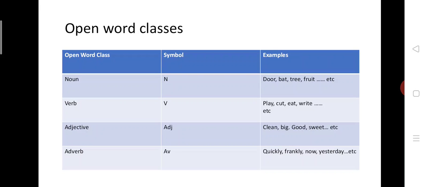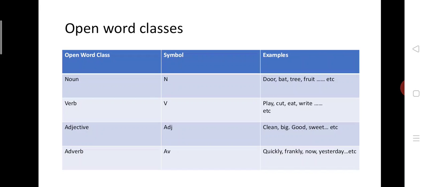You can add door to doorbell, bat, batball, fruit, fruity, and a number of words you can use as a noun particularly, and you can add some particles to it.